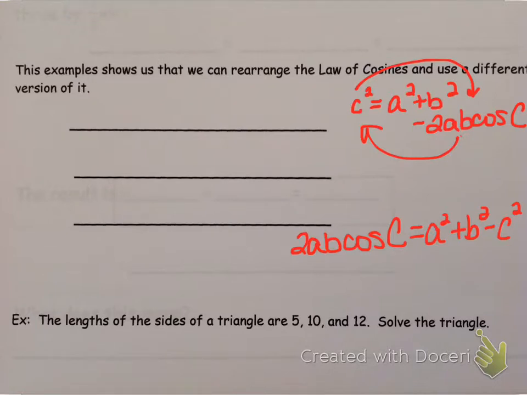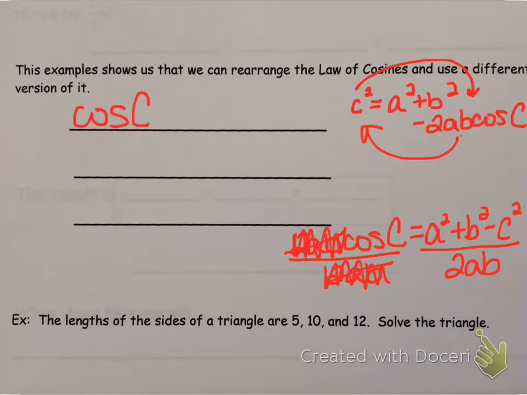And then the only thing I would need to do to solve for an angle is divide both sides by 2ab. Let me go ahead and scratch it out. Because then what that has given me is that the cosine of angle C is equal to a squared plus b squared minus c squared over 2ab.